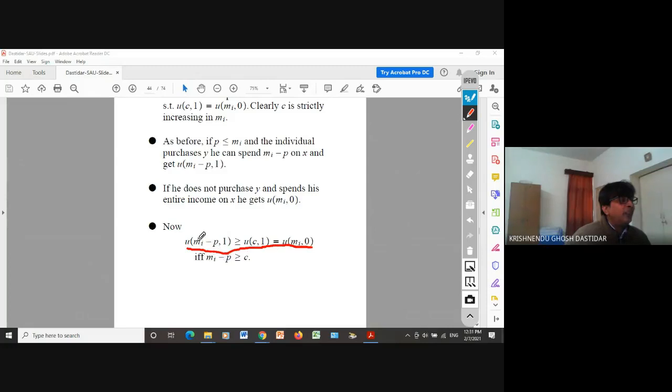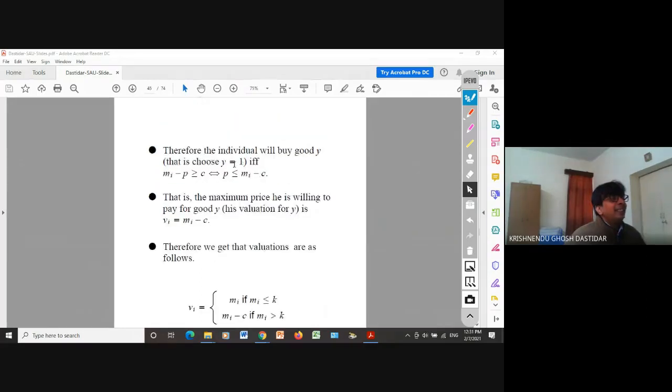And one can show that U(M_i minus P, 1) is greater than or equal to U(C,1) if and only if M_i minus P is greater than or equal to C. That's clear from here. Hence, the individual will buy good at price P, that is, buy 1 unit of the indivisible object Y, if and only if the price of Y is less than or equal to M_i minus C.